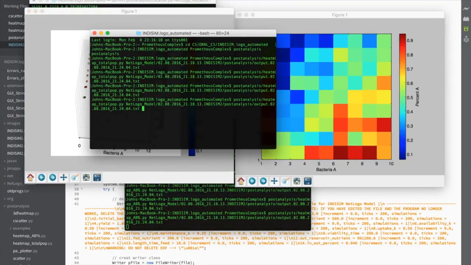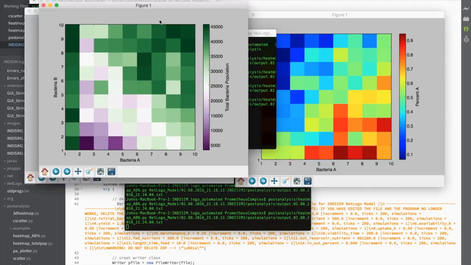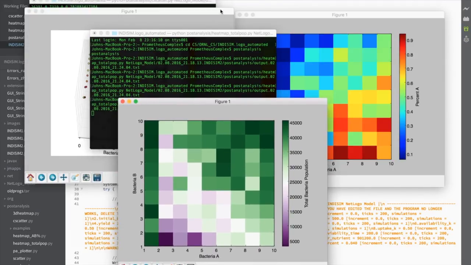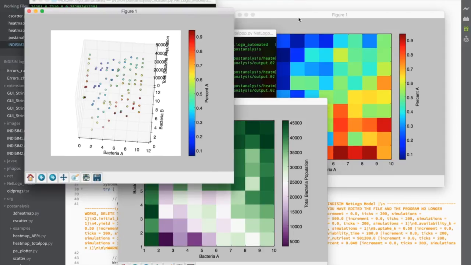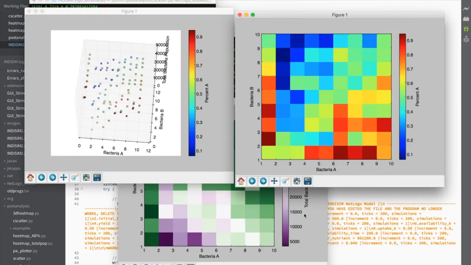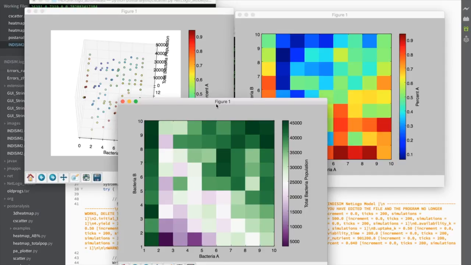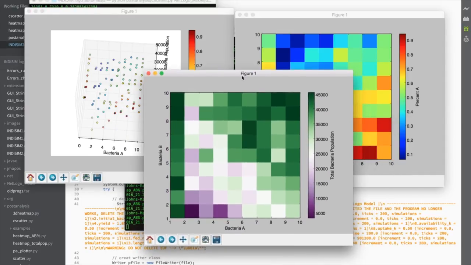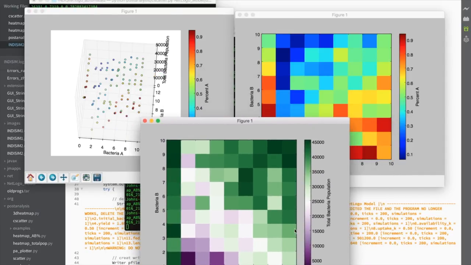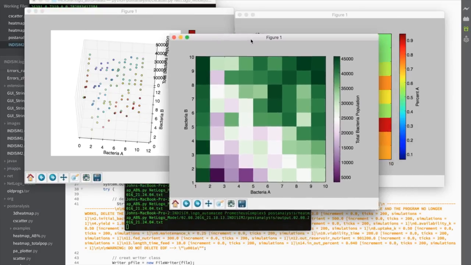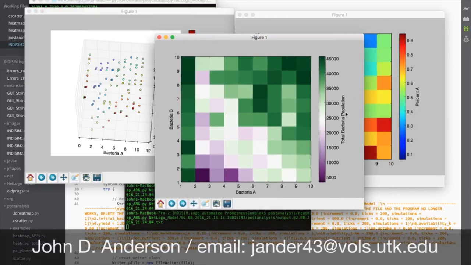And last, we have just a heat map of just the total final population of bacteria. So I changed the color so that it wouldn't be confusing to these color schemes. It's a completely different color scheme. In this one, you're mapping the total bacteria population.